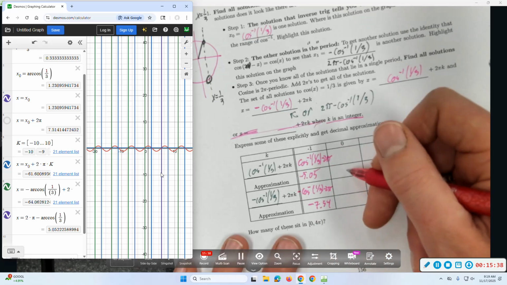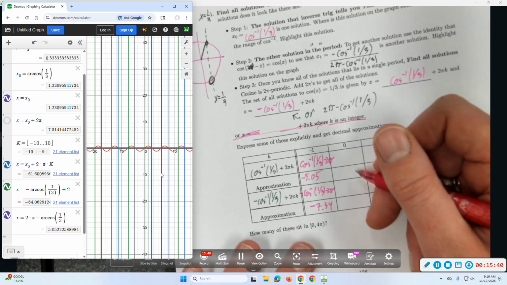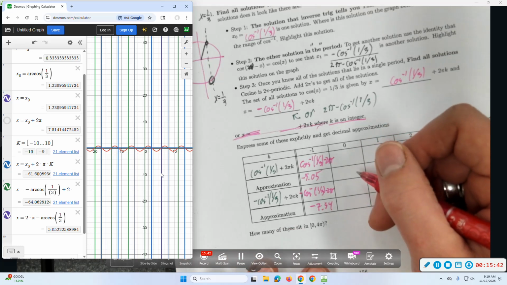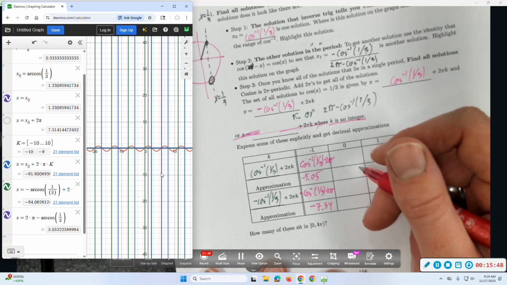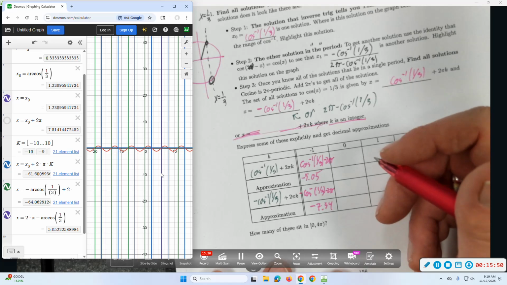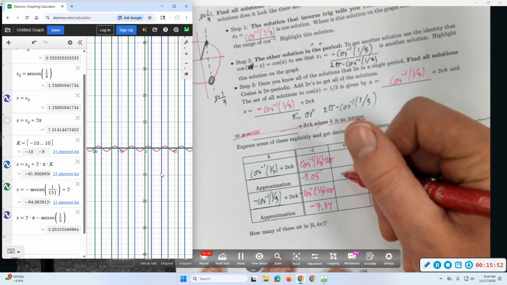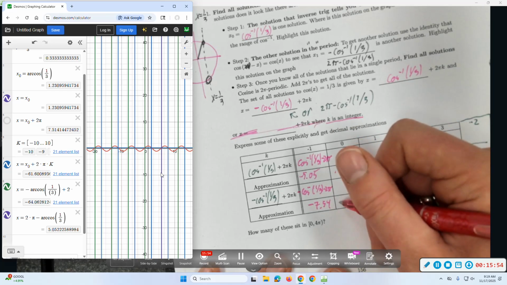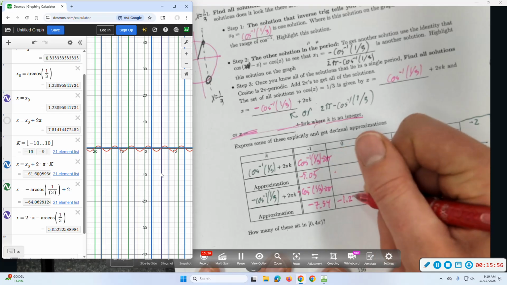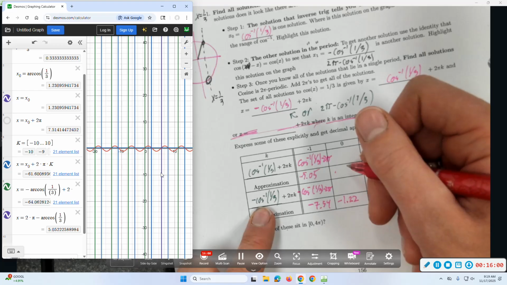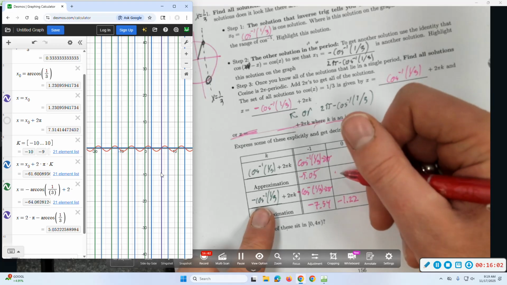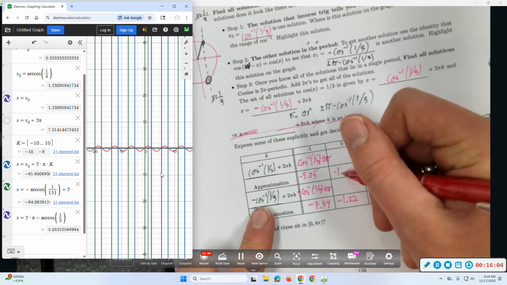Cool. Let's keep going left to right. Inverse cosine of 1 over 3. Cool. That was for negative inverse cosine of 1 over 3? Cool. And I guess that means inverse cosine of 1 over 3 is just that without the negative sign.